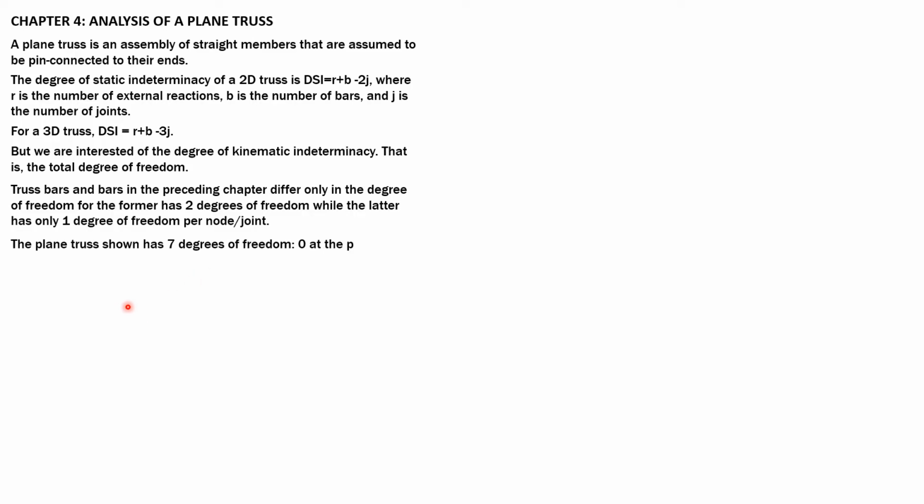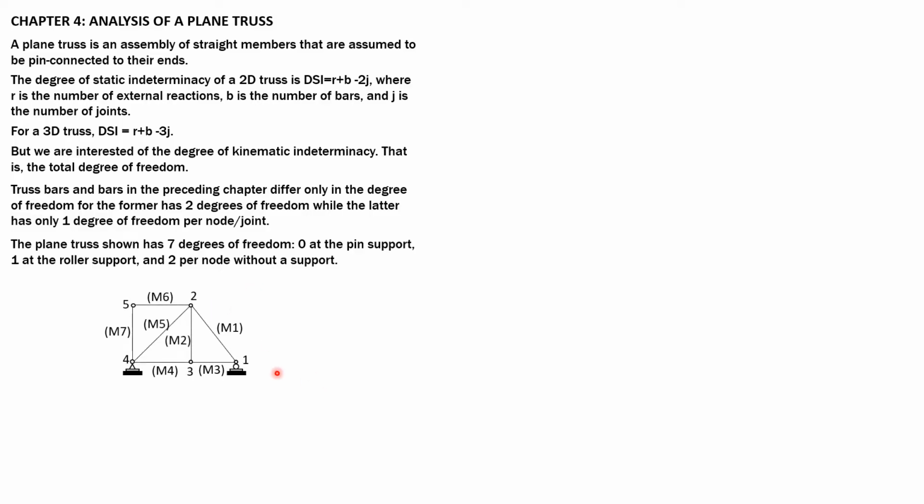The plane truss shown below has 7 degrees of freedom: 0 at the pin support, 1 at the roller support, and 2 per node without a support. So for node 4, there is no degree of freedom because this is a pin and movement along X and along Y are constrained.